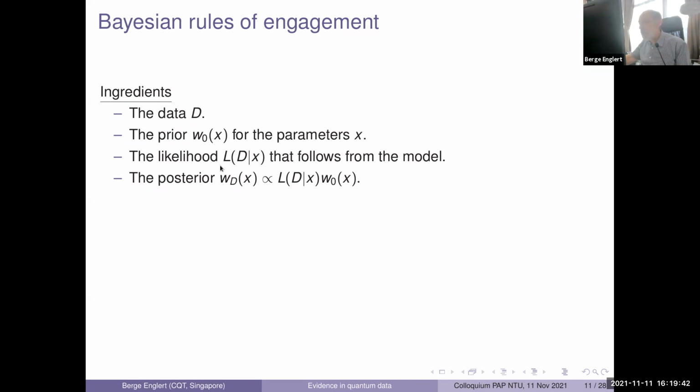Then there is the likelihood, which is the probability that you observe the data given the values of the parameters. So this is a conditional probability for the data, conditioned on the values of the parameters. And then there is the posterior probability distribution, which you essentially get by multiplying the prior with the likelihood and normalizing, but I don't write the normalization factor.